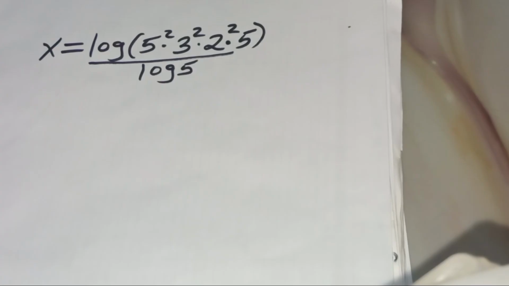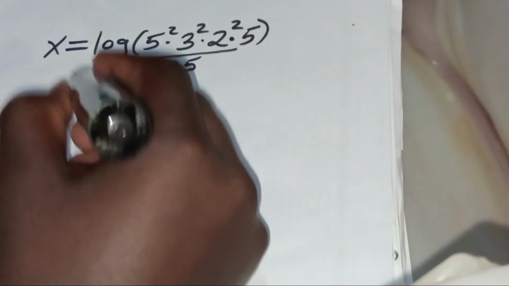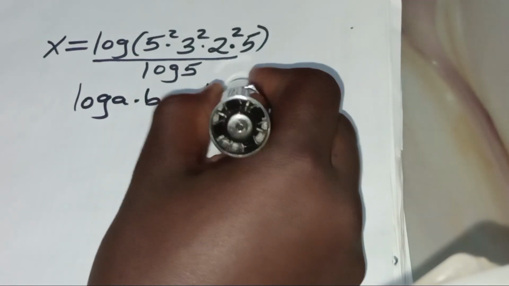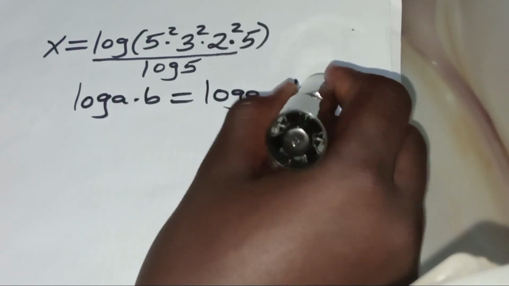Therefore, log of 5 to the power 2 multiplied by 3 to the power 2 multiplied by 2 to the power 2 multiplied by 5 is in the form of log of a multiplied by b, which we can express as log a plus log b.